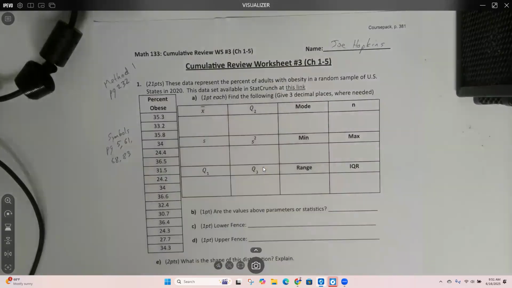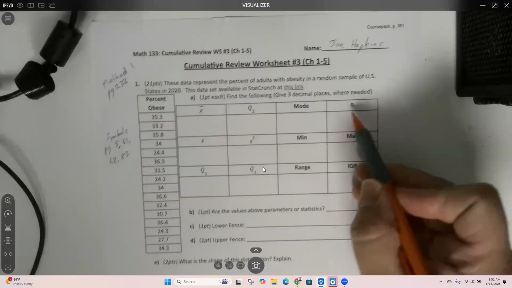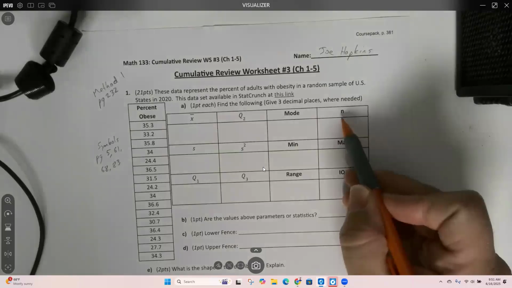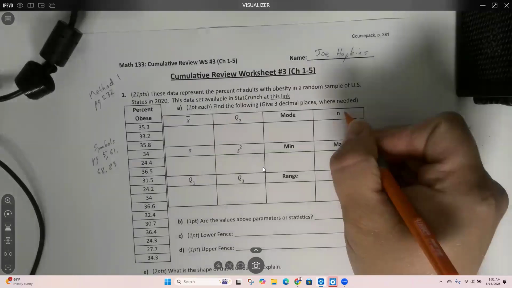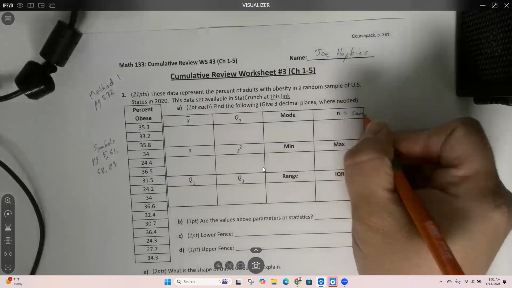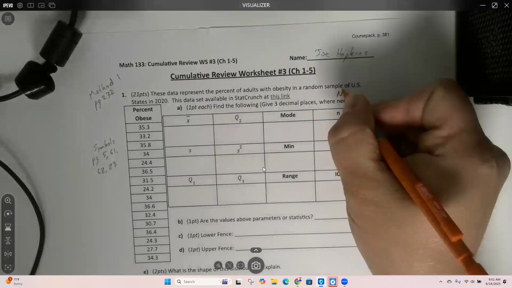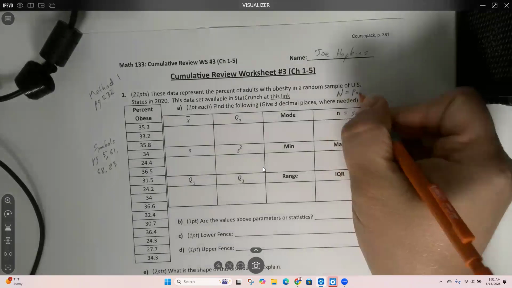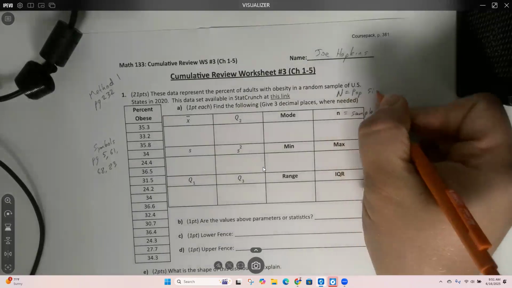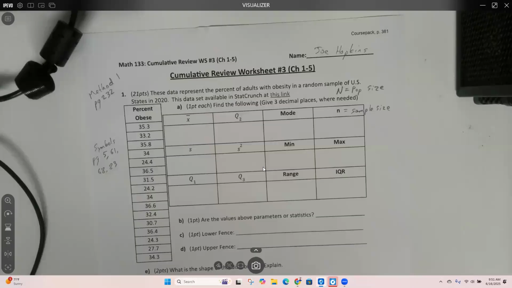Okay. So for example, here we have lowercase n. Lowercase n is your sample size. You remember that capital N is your population size, right? Because a population is larger, the sample is smaller. Okay.